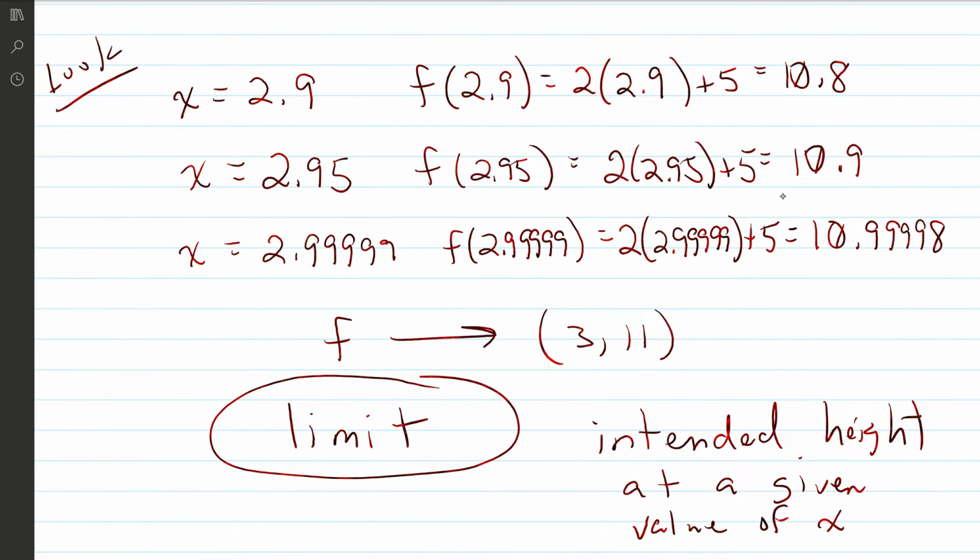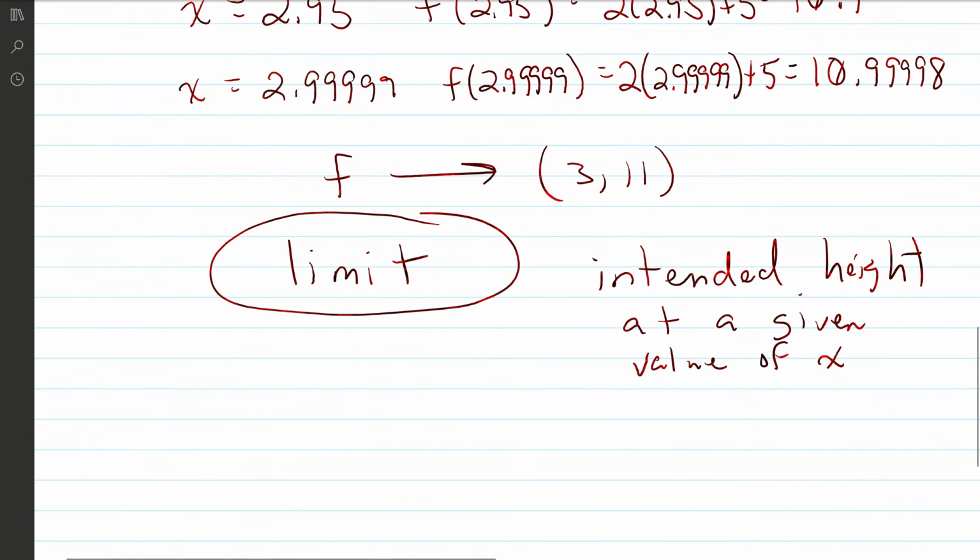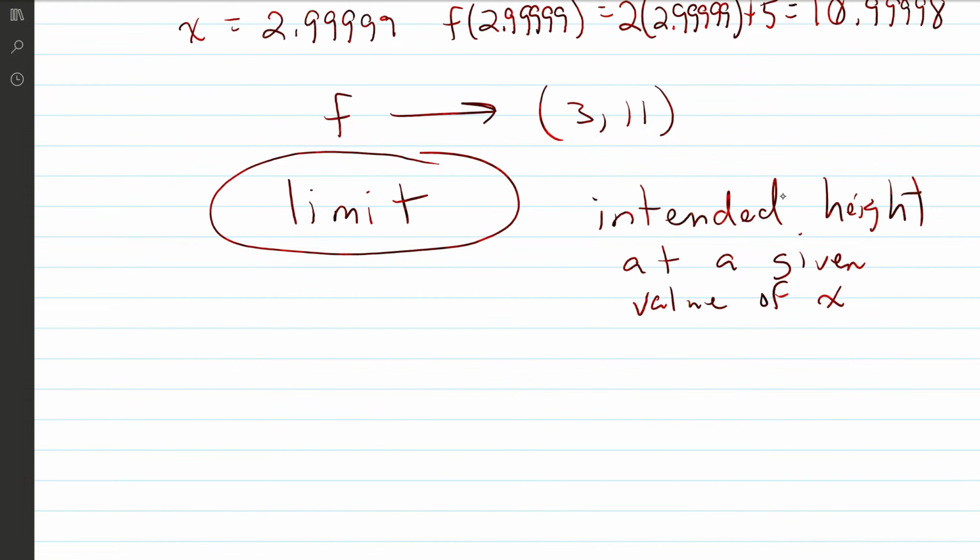All right, let's look at the notation that we use for a limit. So we use lim, and I'm just writing it in cursive, but you can write it in normal print. Lim f of x equals 11, and right under it I'll have an x, maybe a small arrow with the 3.